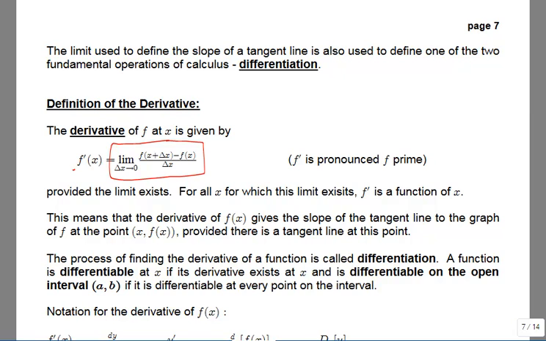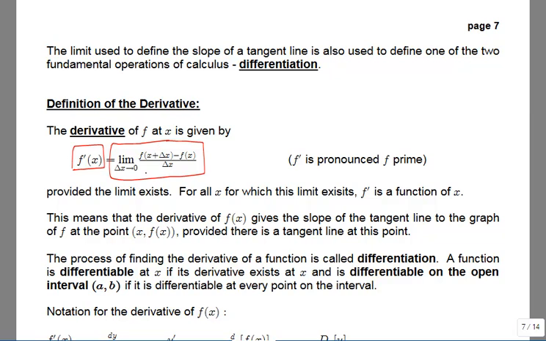And the notation that we're going to use for that most often is this f with that little mark called a prime up there. So this would be pronounced f prime of x, and that's defined to be the derivative of the function at x, and it represents the slope of the tangent line to that function at x as well.